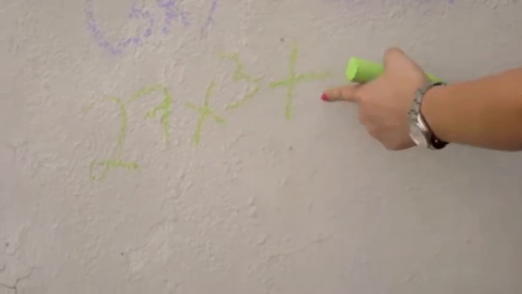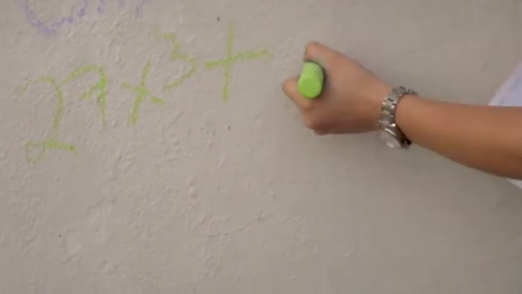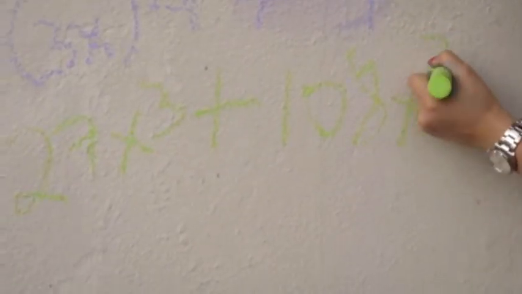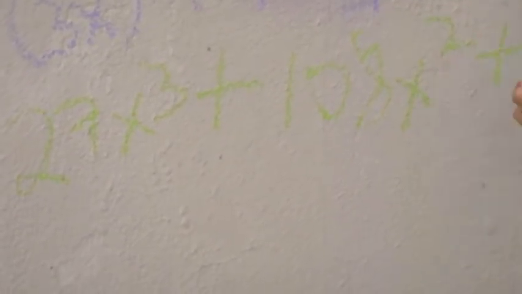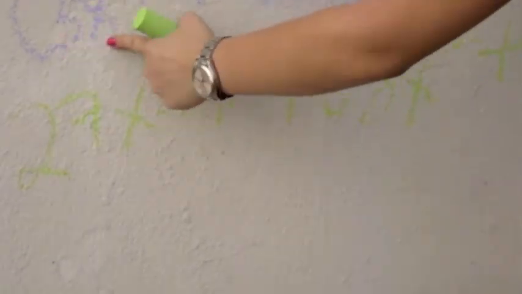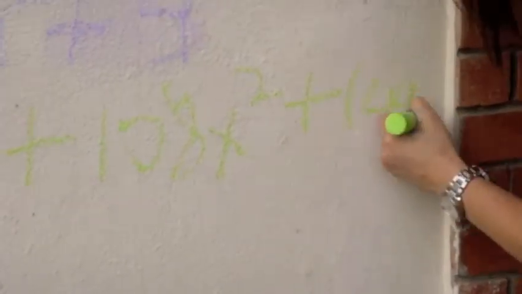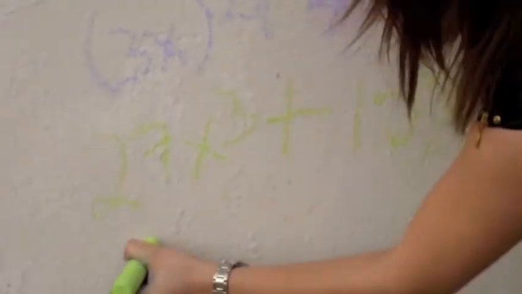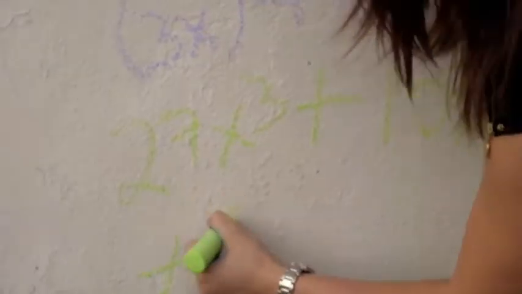That is 3 cubed, x cubed, which is 27x cubed, plus 3 times (3x) squared times 4, that is 108x squared, plus 3 times 3x times 4 squared, that is 144x, plus 4 cubed, 64, and this is my answer.